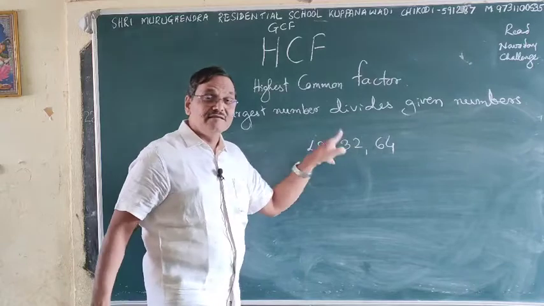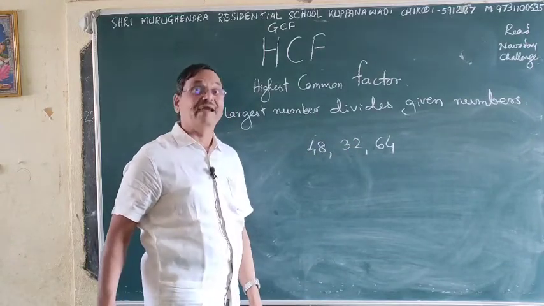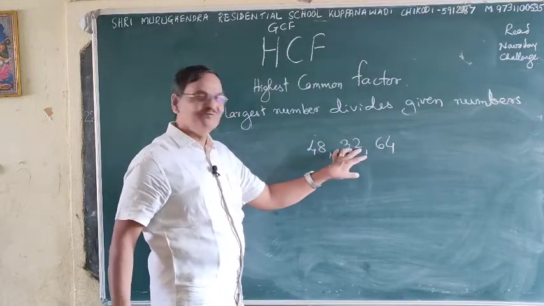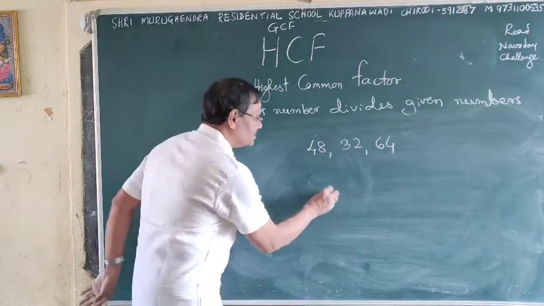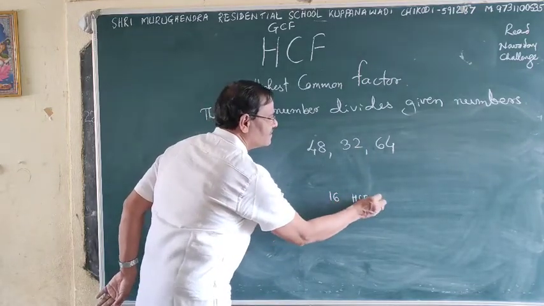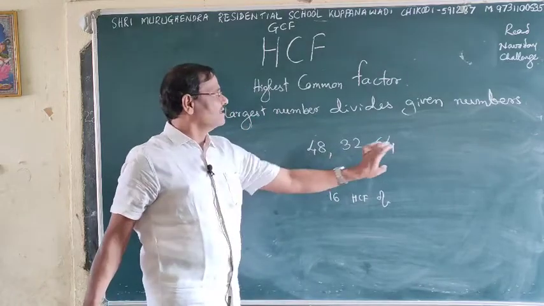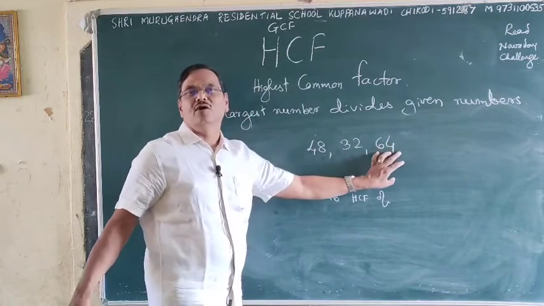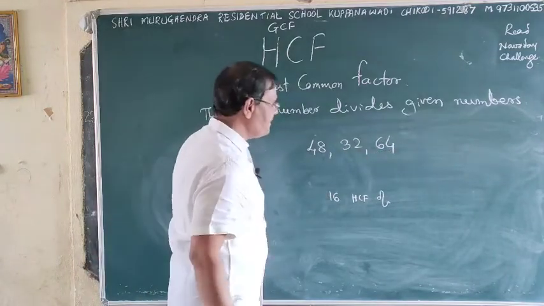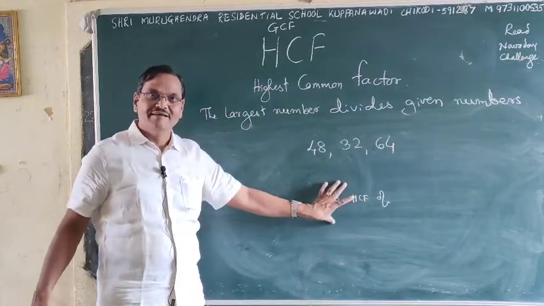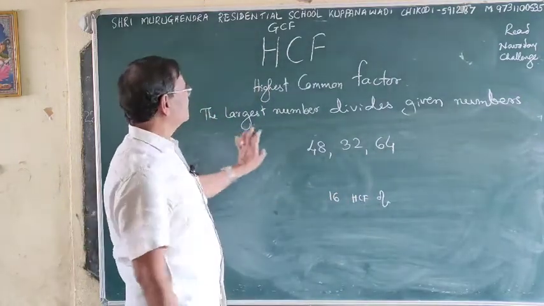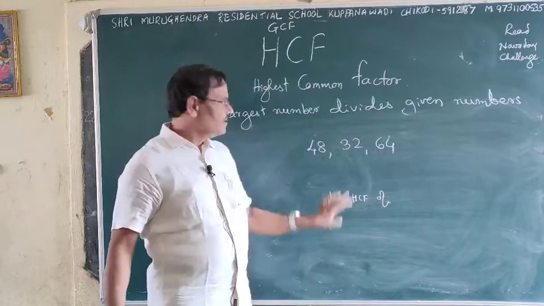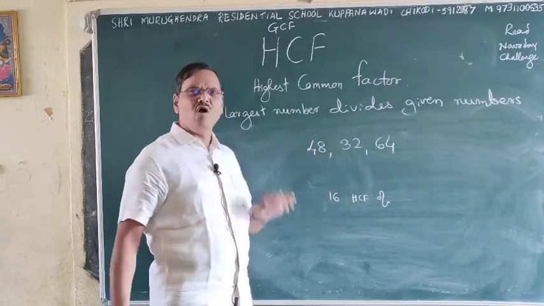Then 32's half you have to do. Factor you have to find. 16. 16 3s are 48, 16 2s are 32. So 16 itself is HCF of 48, 32, 64. See, they are all from 16's table only, isn't it? Okay. What is HCF? The largest number that divides the given numbers. 16 divides all these three. You did its half and automatically you got it.